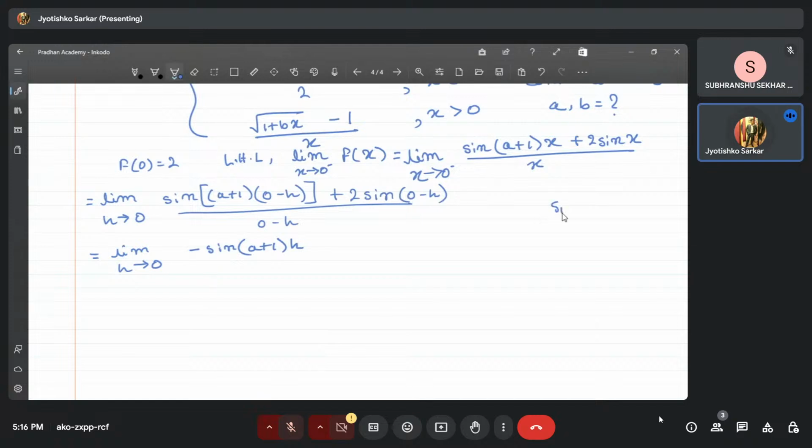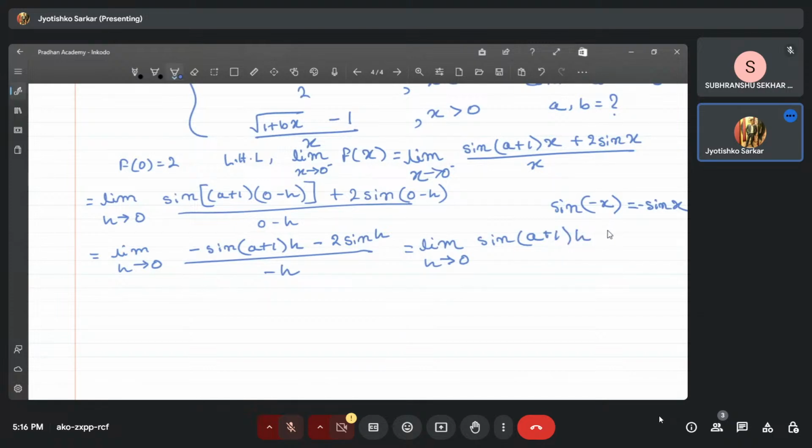As you are well aware about this property of sine, you can write this. This is 2 sine h divided by minus h. We will take the minus common and we will get sine (a plus 1)h divided by h plus 2 sine h divided by h.